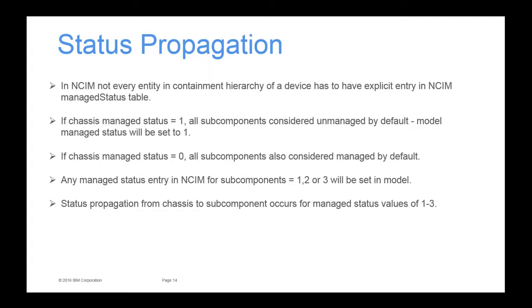However, if there exist any explicit entries for subcomponents in the NSIM managed status table, specifying their managed status to be 1, 2, or 3, then their managed status in model will be set accordingly. Basically, status propagation from chassis to subcomponent occurs for managed status values of 1 through 3.